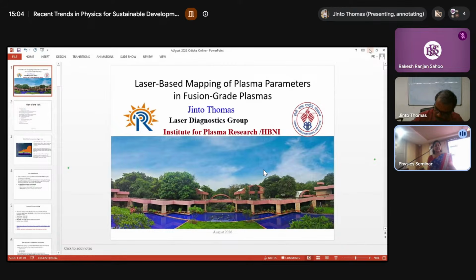He obtained his PhD from the Institute for Plasma Research, with his doctoral research focused on the study of laser-produced plasmas. His research focuses on advanced plasma diagnostics for magnetic confinement fusion, particularly the development of Thomson scattering diagnostics and helium beam diagnostics for high-temperature tokamak plasmas. His areas of expertise also include laser-produced plasmas, plasma spectroscopy, plasma wall interactions, laser matter interactions, optical plasma diagnostics, and laser-induced breakdown spectroscopy.